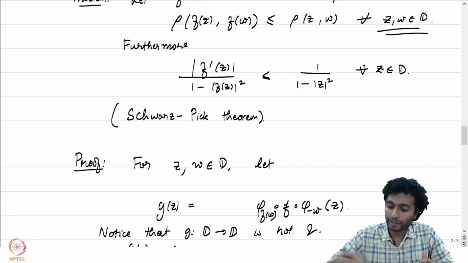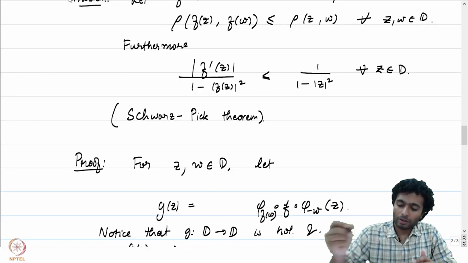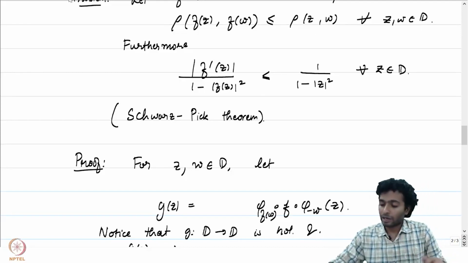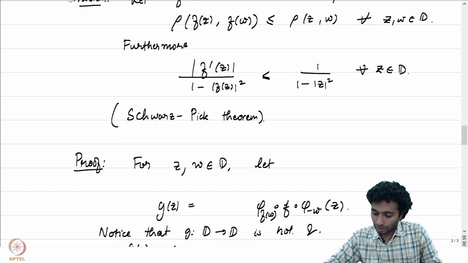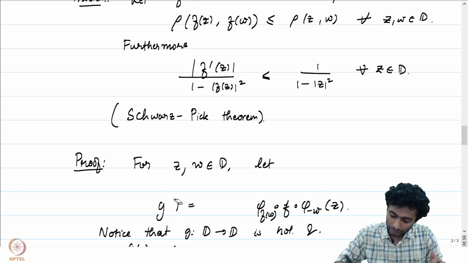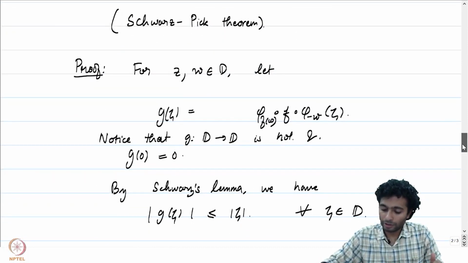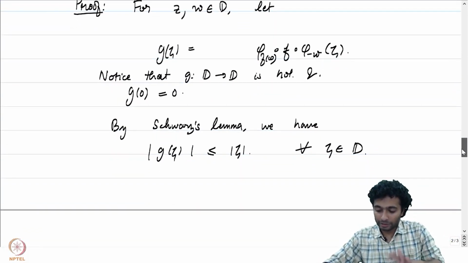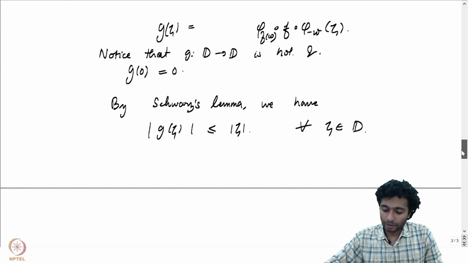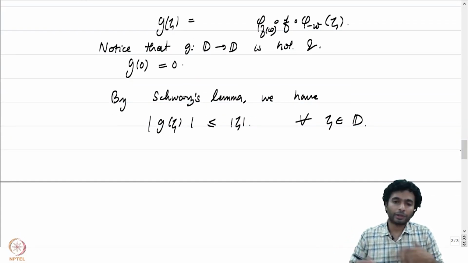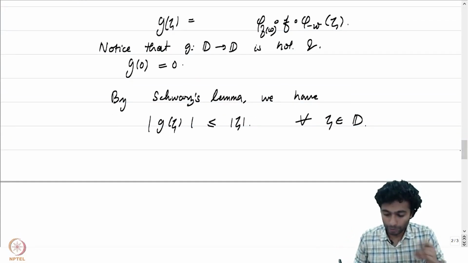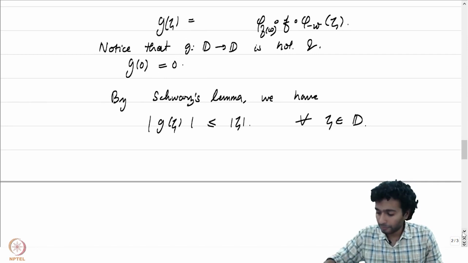So this is what we were trying to prove, and for that we start off with some z and w. Now I hope the confusion has been resolved. Now z has not yet featured into the story. So g of zeta is going to have absolute value less than or equal to the absolute value of zeta for all zeta in D.